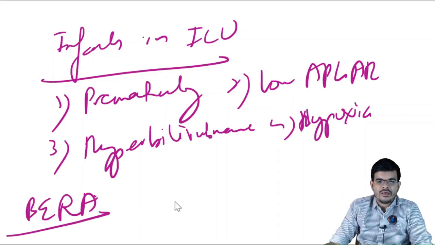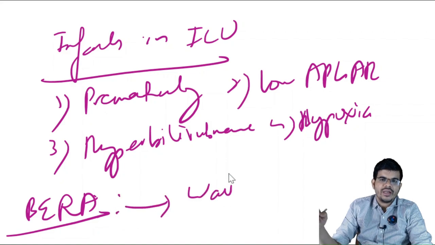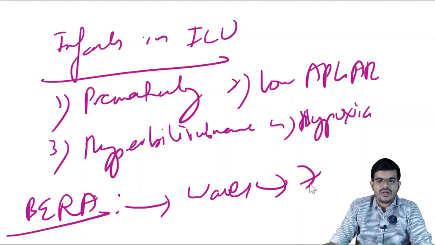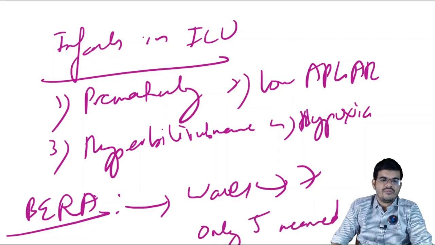Here the various waves that are being generated by the electrical response as the nerve impulse passes through the auditory pathway are being measured, and there are totally 7 waves, but only 5 are being measured. What are these 7 waves?